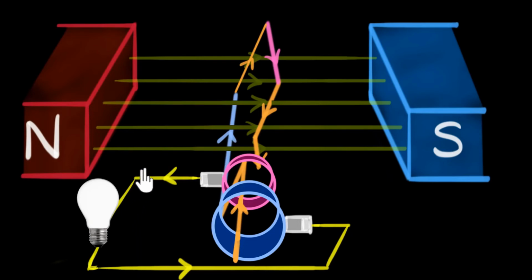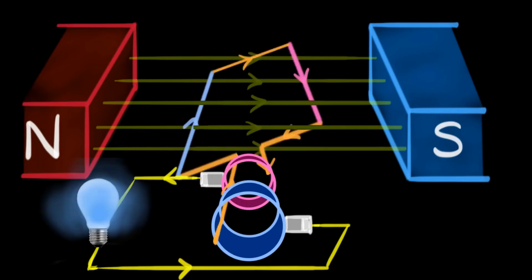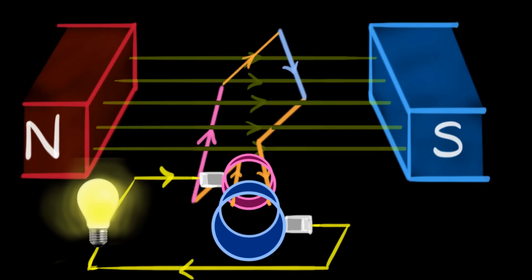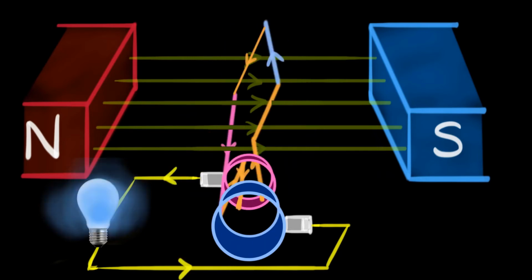Let's say when the current is flowing this way, the bulb glows blue. And let's say when the current reverses and flows like this, the bulb will glow yellow. And so now if you look at the entire animation, it looks somewhat like this. And so we have successfully built our generator.